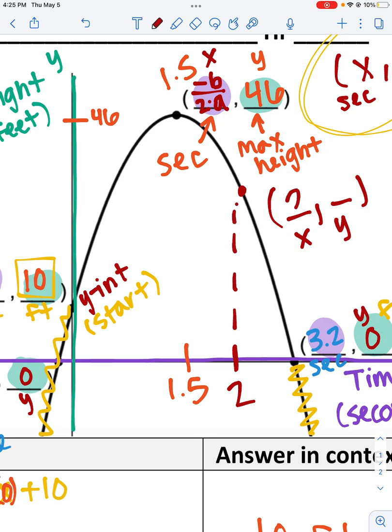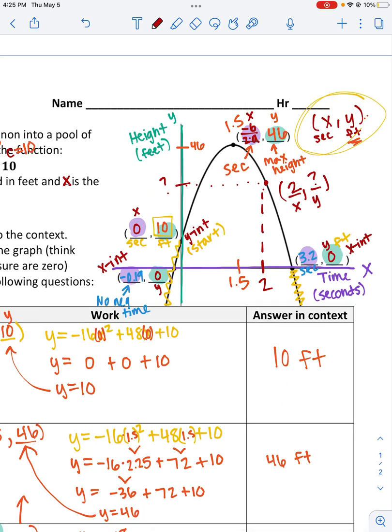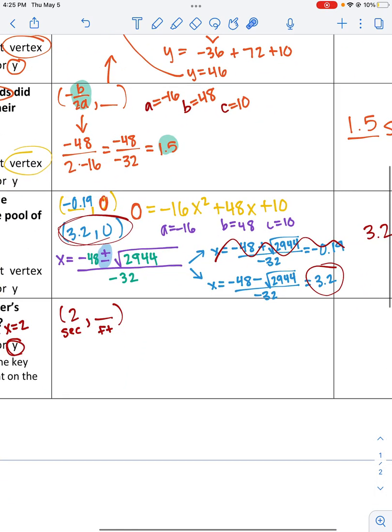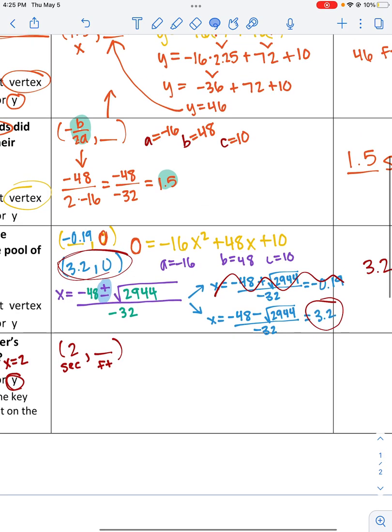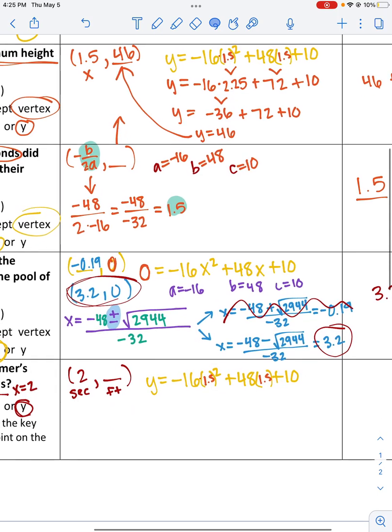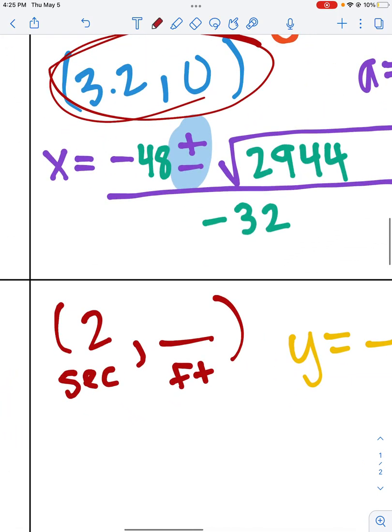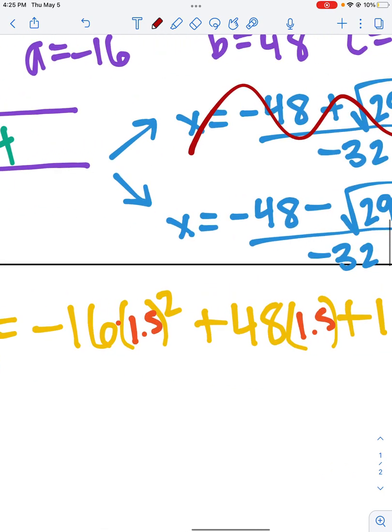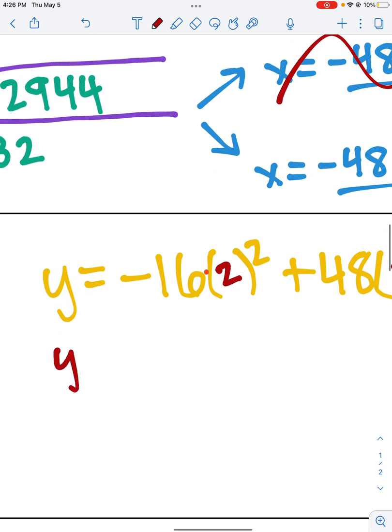So we're saying at 2 seconds, what's the height? So kind of that same idea, if I know one value, I can plug in the equation to get the other value. So I'm going to go back to my equation here. I'll use this one. And I'm going to put a 2 in for x, and then we'll do our PEMDAS.